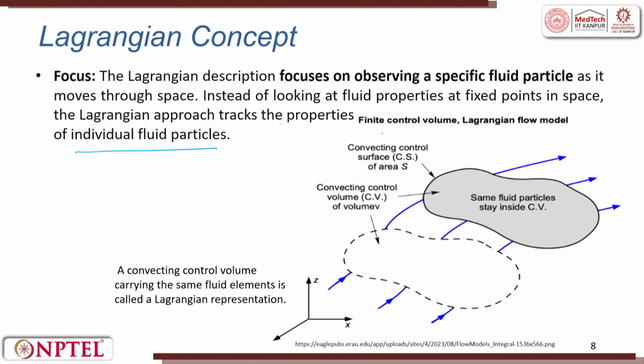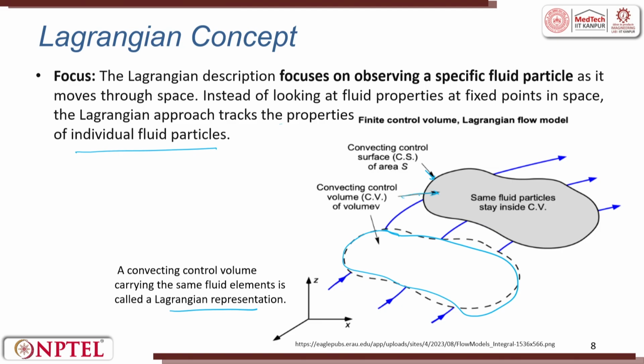So, you can see here these are the coordinates x, y and z. A moving control volume carrying the fluid element is called the Lagrangian representation. You can see here the moving control volume CV, this is the volume which we were discussing, and this is the surface.